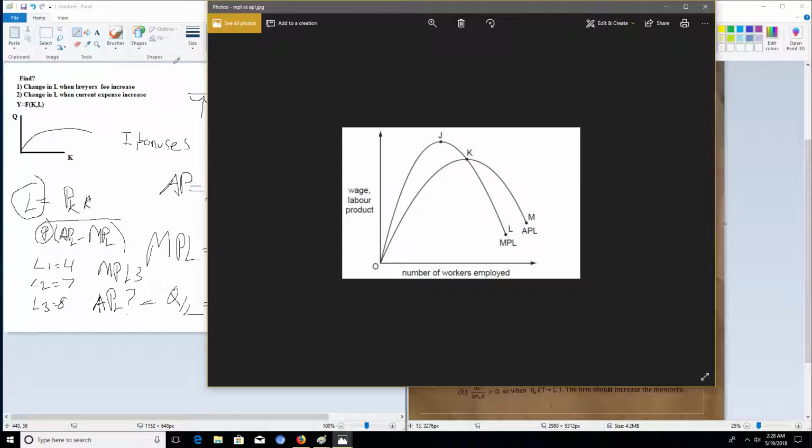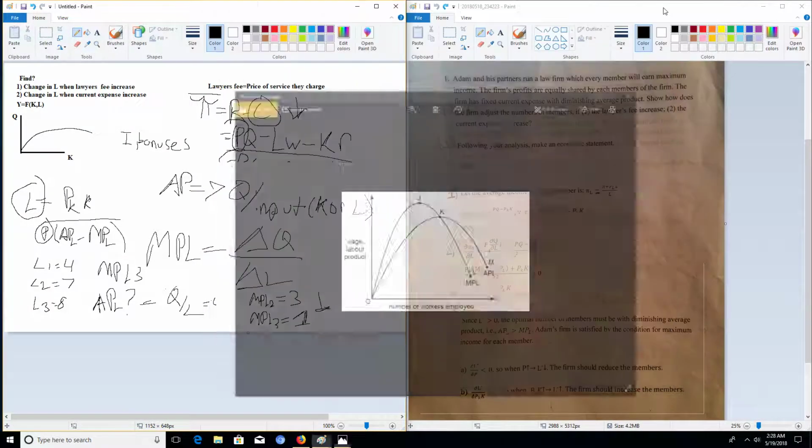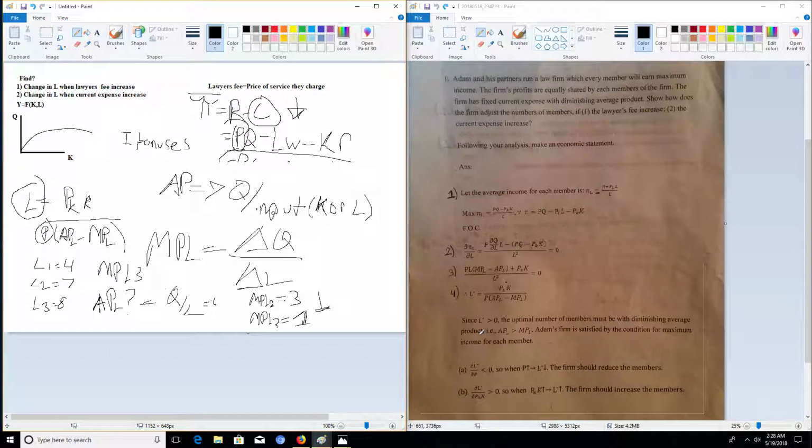And so why is this important? Because this illustrates the importance of APL minus MPL. Once again, going back to this question, change in L when lawyers' fees increase. I said that they've got a negative relationship, right? I don't know if it was even necessary to find a derivative of this, because it's just kind of plain obvious that it's going to be negative.